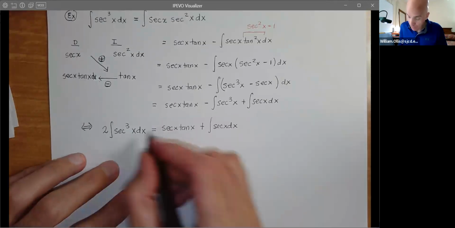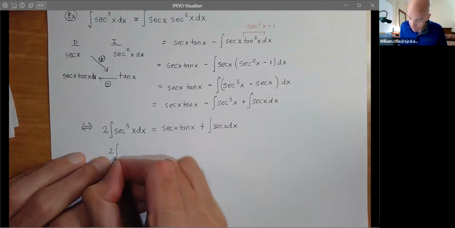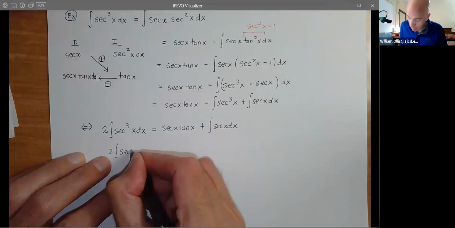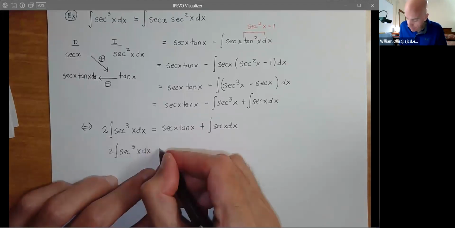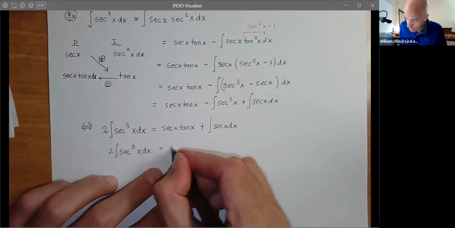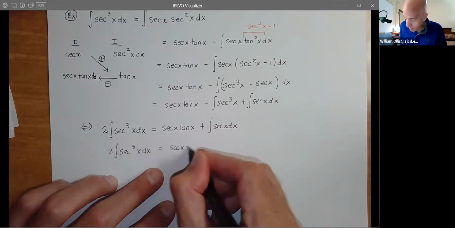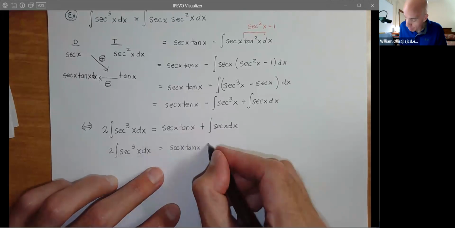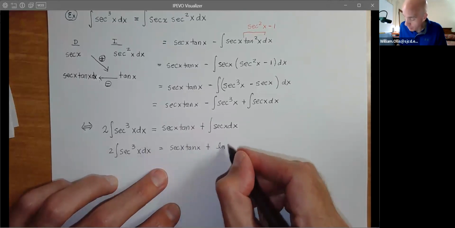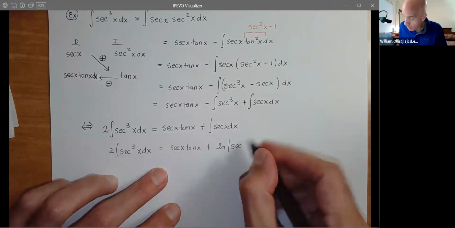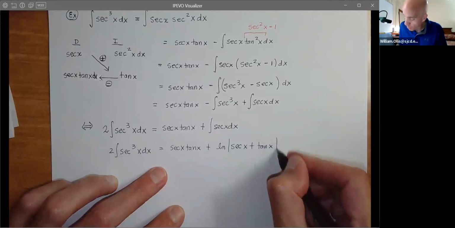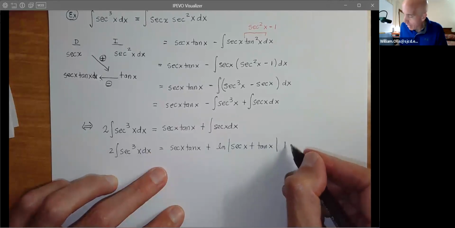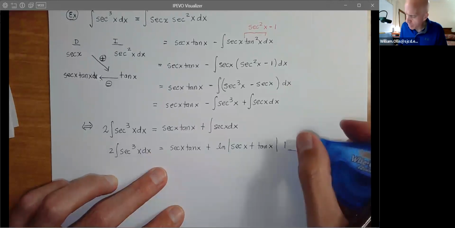So first we'll say this is 2 times the integral of secant cubed x dx equals, go ahead and do that integral, secant x tangent x plus natural log absolute value of secant x plus tangent x. That's the other integral form that we use from Cal 1. Now, I'm not going to tack on the constant yet.